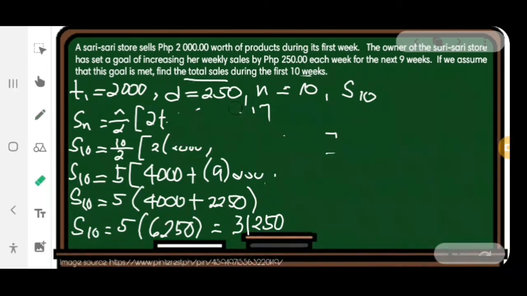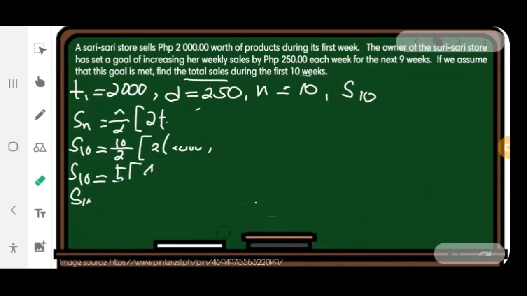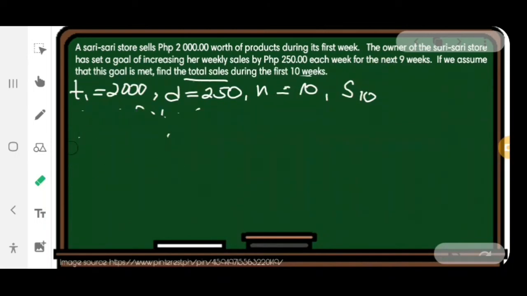The second solution is to determine first the sales during the 10th week, and then by using another formula for the arithmetic series. So let us determine first the 10th term. So that would be t sub n is equal to t sub 1 plus n minus 1 times d.